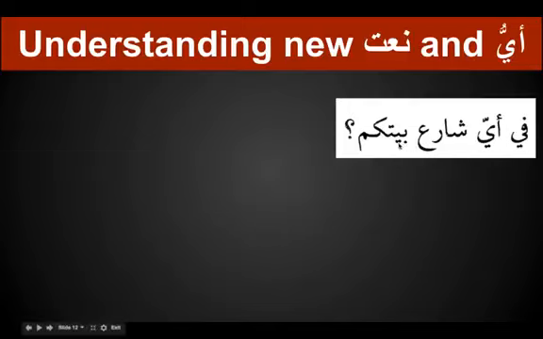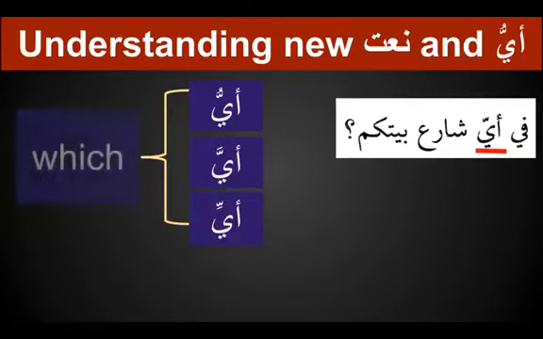Fi ayyi shari' baytikum. So ayyi, we have to understand this word today. Ayyu is an interrogative particle, used for asking questions. It can be in three cases: ayyu, ayya and ayyi, which means which.